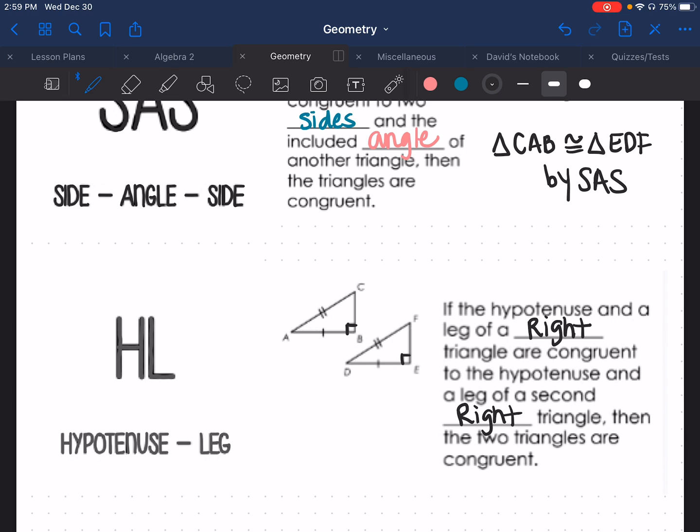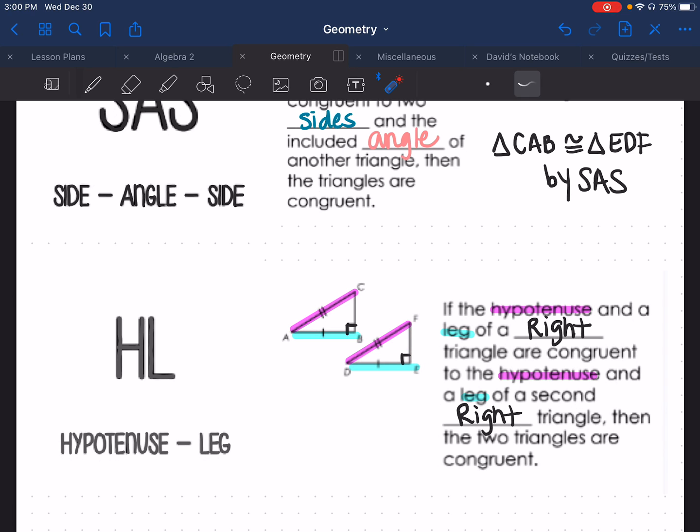You need 2 right triangles. Then what you need to see is you need to see a hypotenuse equal to a hypotenuse, and you need to see one of the legs equal to the other leg. Now, if the legs were to switch, let's say this blue was here, then they would not be HL.